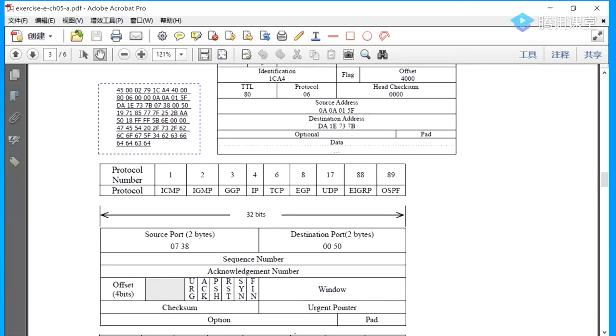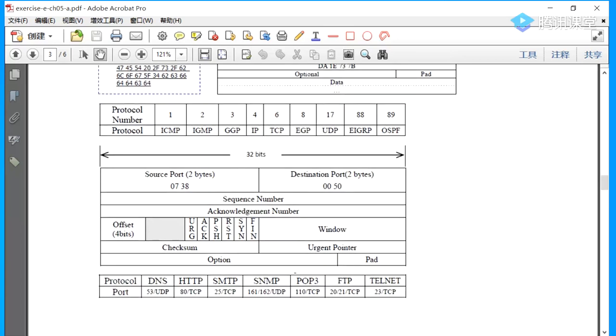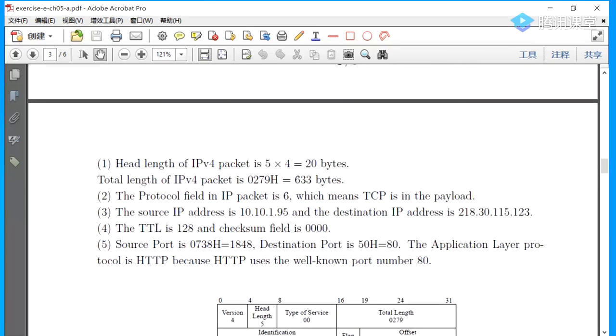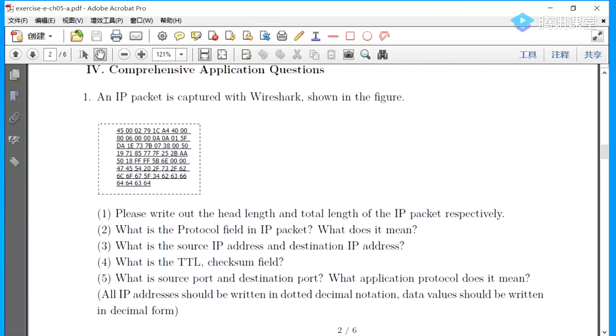Okay. Do you understand? Okay. Let's review these questions. An IP packet captured with Wireshark, right?